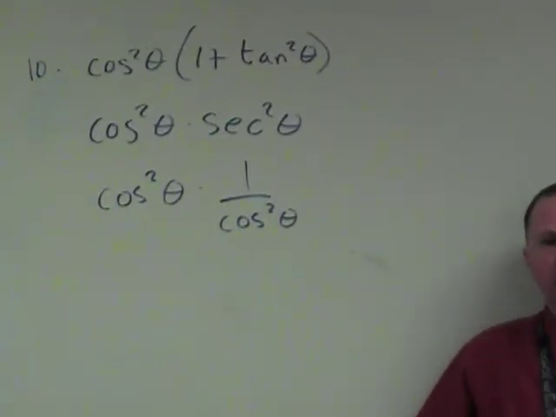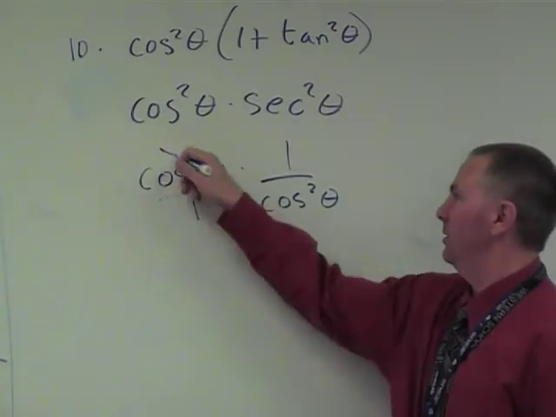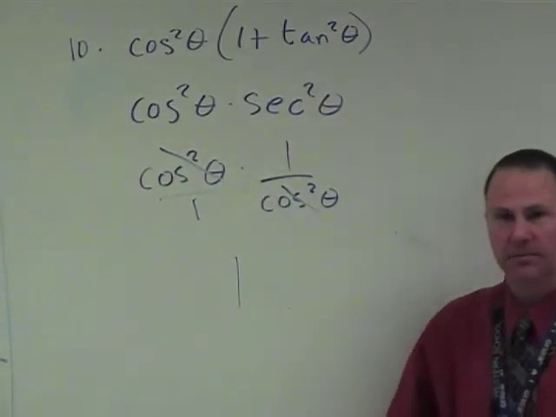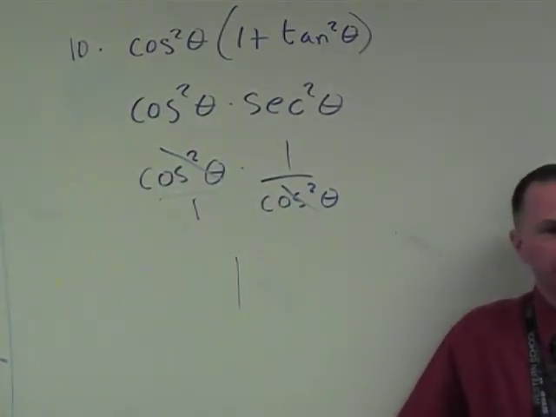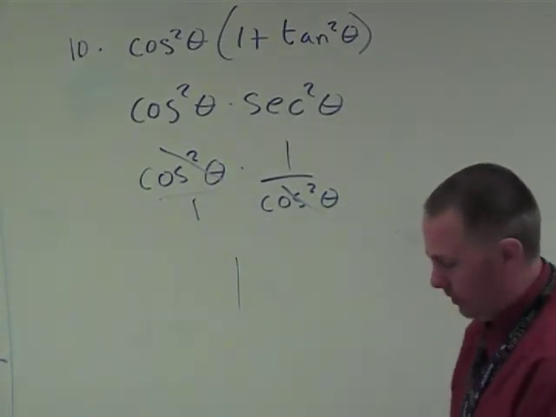Now that you have it all in terms of sine or cosine, or both, you simplify. The answer is 1. Yes, it is. It's just 1. Okay? Got this a little bit? Alright. I'll let you do the rest of those.